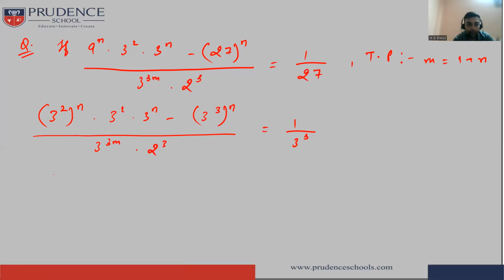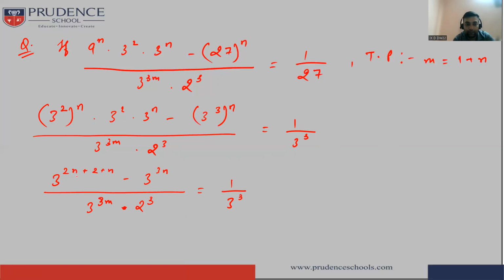Now the powers will get added here. 2n plus 2 plus n minus 3 raised to power 3n upon 3 raised to power 3m into 2 raised to power 3 is equal to 1 upon 3 raised to power 3.